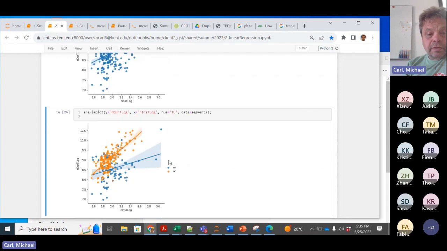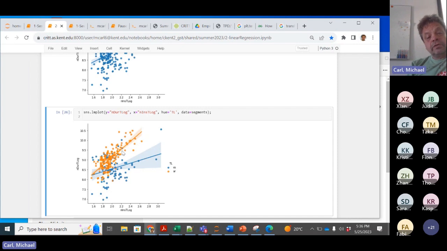So we can see here basically an interaction effect. If these two lines were parallel, we could just say that an Arabic translator needs a little offset more time.